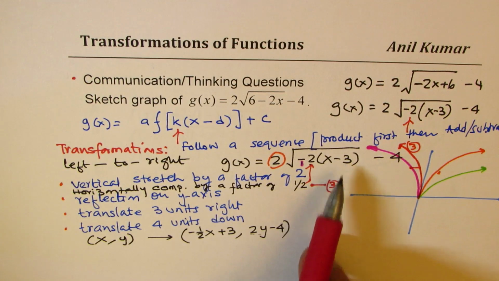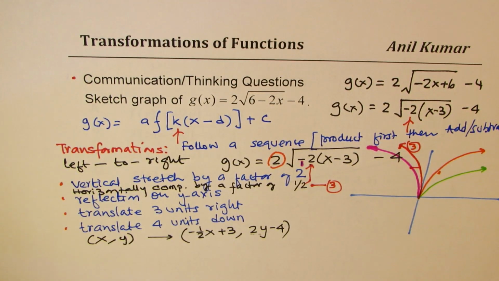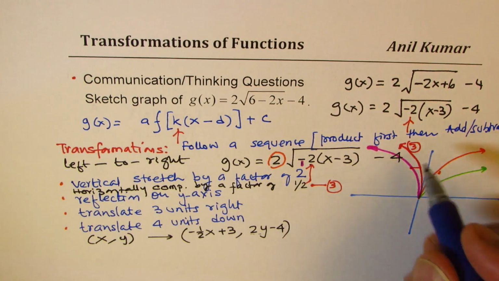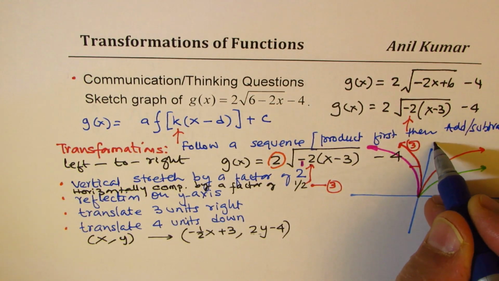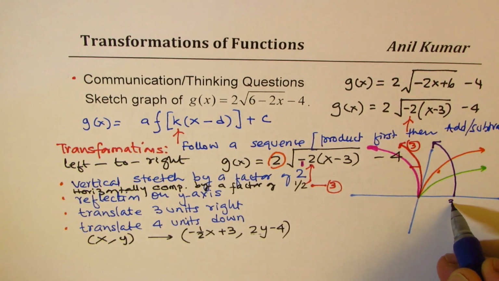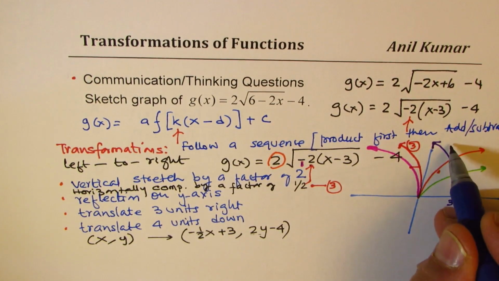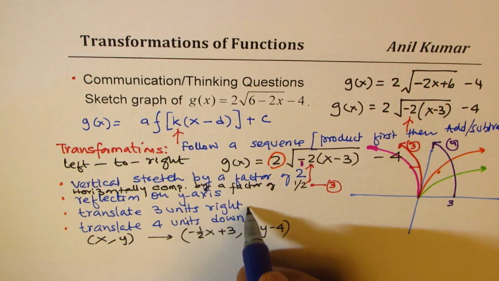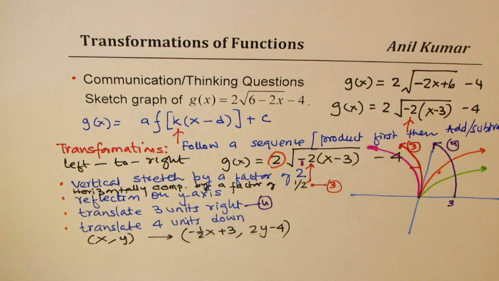Now we have minus 3, that is to say that we are going to translate it 3 units to the right. So this graph is now translated 3 units to the right. So that is my graph number 4, translating 3 units to the right. And finally, I'll sketch the graph bringing it down by 4 units.